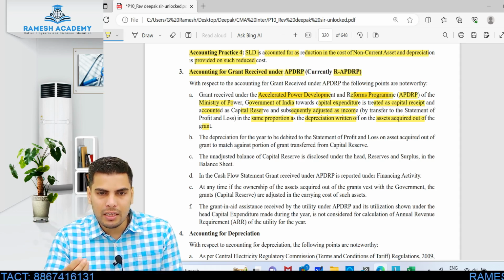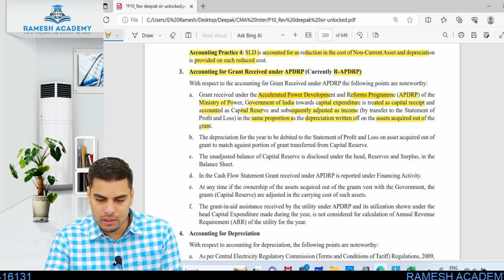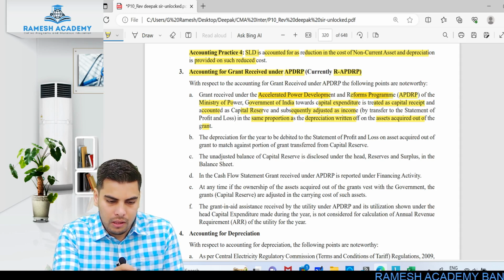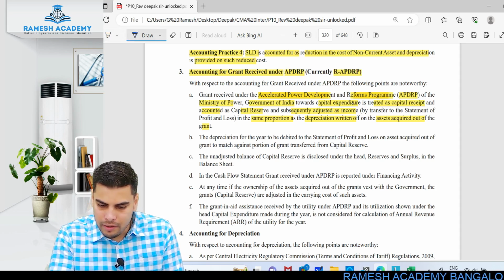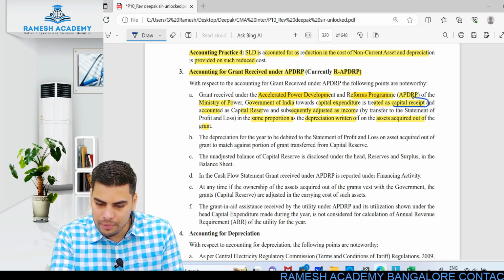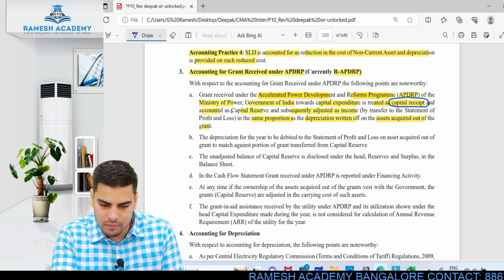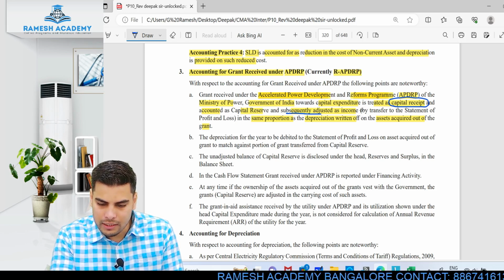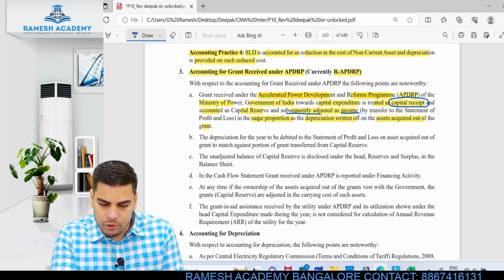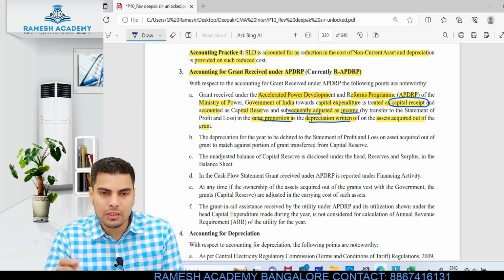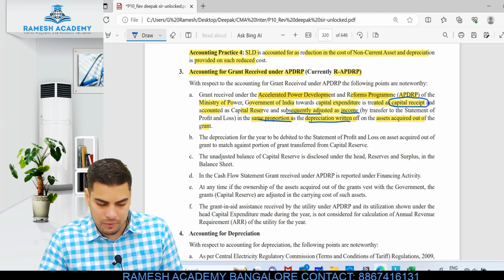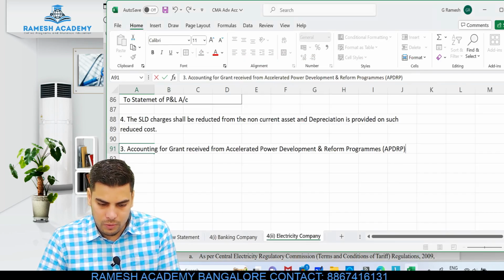So the moment we receive this grant, we need to treat it as capital reserve. The adjustment is quite simple. It is treated as capital reserve and subsequently adjusted as income, in the same proportion as depreciation would have been written off from the value of the asset which would have been purchased. Very simple thing.